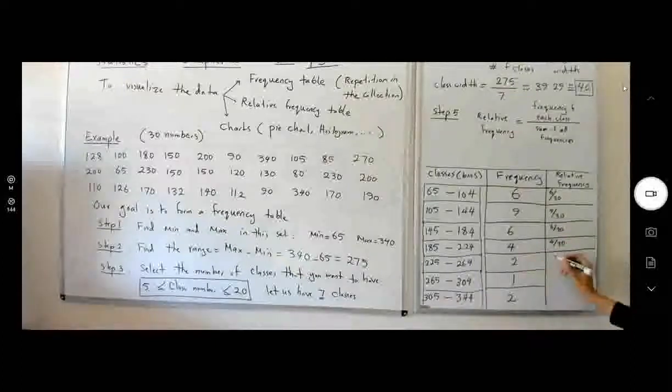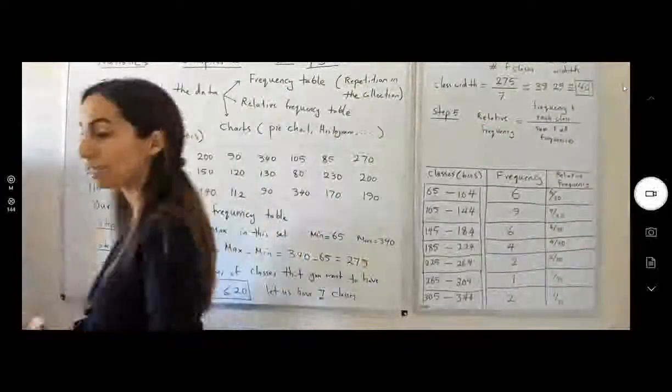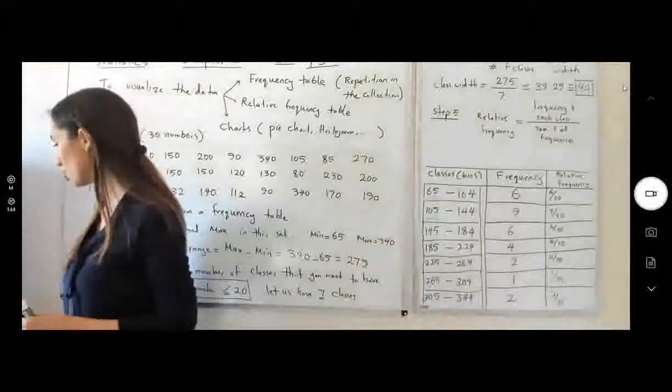Relative frequency for the fifth class, 2 over 30. And relative frequency for the sixth class, 1 over 30. And relative frequency for the last class is 2 over 30. You have to do the division. You can represent the numbers in decimal or percentage format.